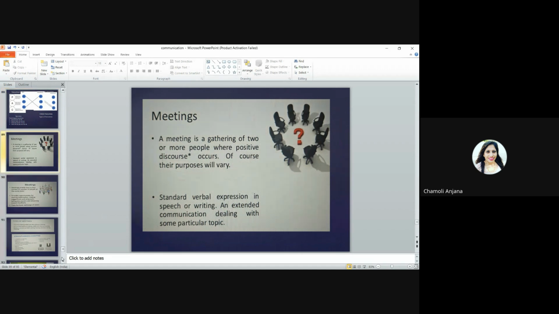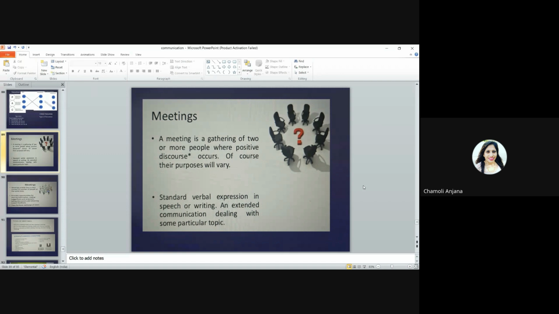Then let us move to the other topic, which is meetings. So, a meeting is a gathering of two or more people where they sit together to discuss a certain issue. So there is a purpose for which all the people gather and discuss.